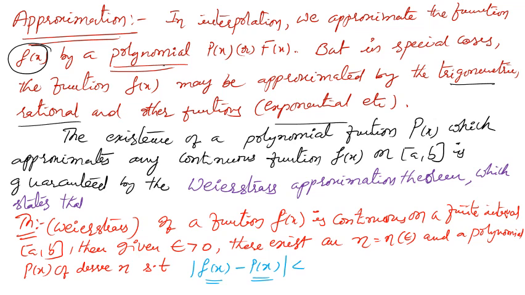The error must be very, very small for all x belonging to the closed interval a, b. That is called the Weierstrass theorem.